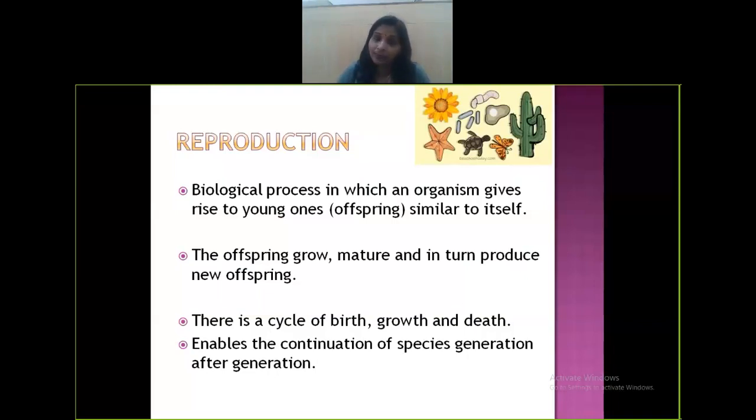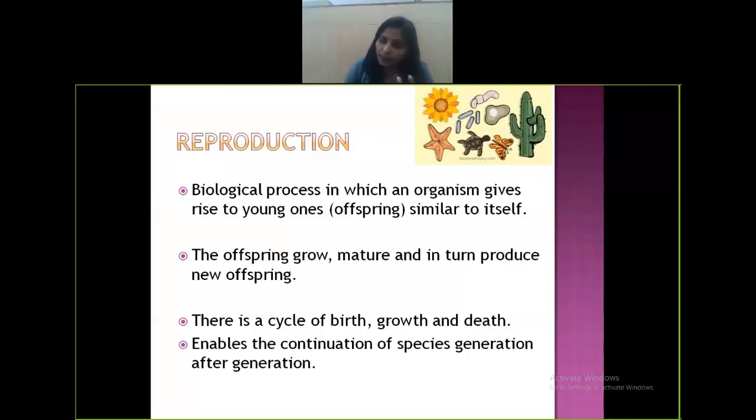In this period, the organism gives rise to young ones or offspring who are similar to the parents. So basically you can say that reproduction is a biological process in which an organism gives rise to young ones who are similar to their parents. Now the offspring that are produced, what happens to them?